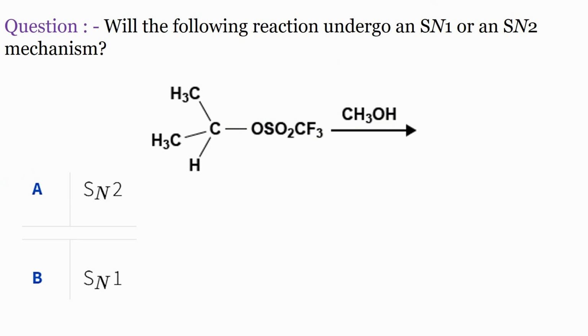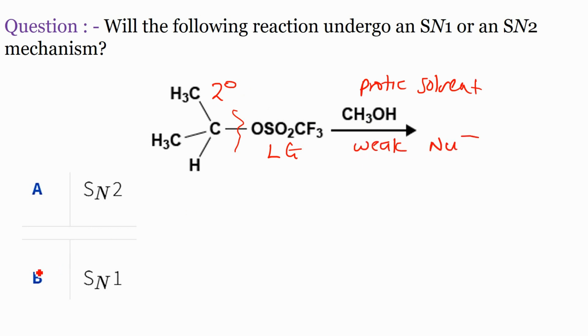What about this? Consider this as a leaving group. Don't worry about how ugly it looks. That's the leaving group. So this is a secondary alkyl electrophile. This is a protic solvent plus it's neutral, so it's a weak nucleophile.